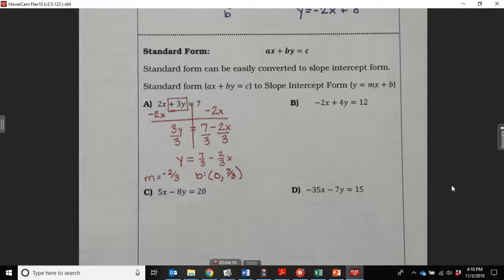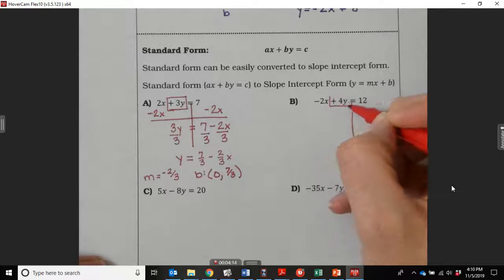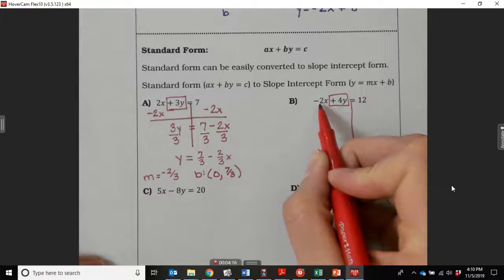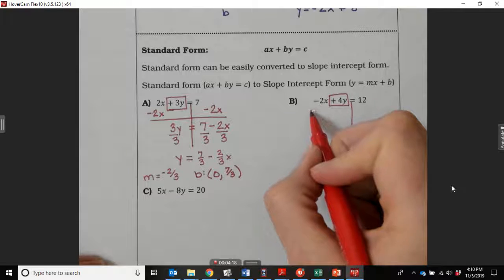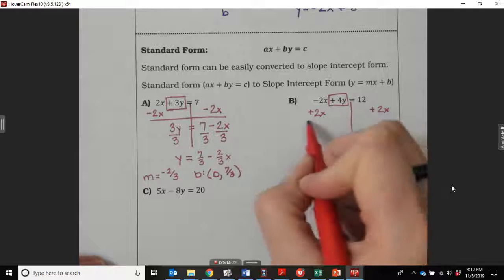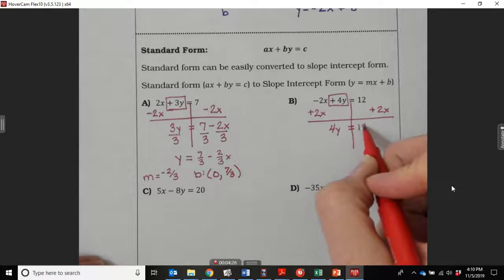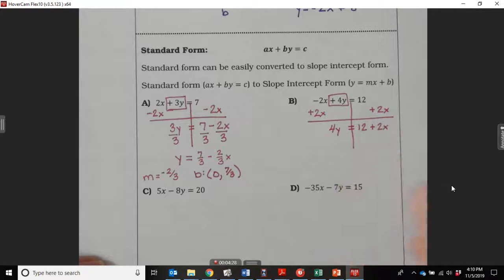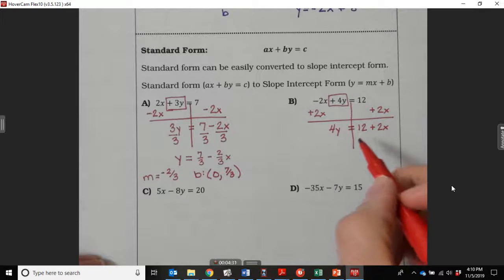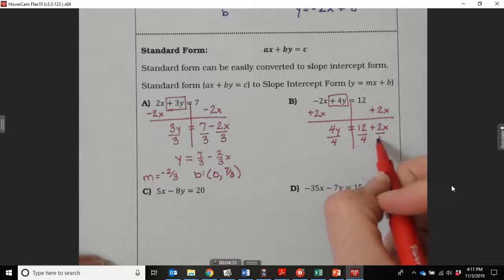Letter B, brick wall, box in the y. Opposite of a -2x is a positive 2x. Add 2x to both sides. Then I have 4y equals 12 plus 2x. And the last step is to divide, again, everything by 4.